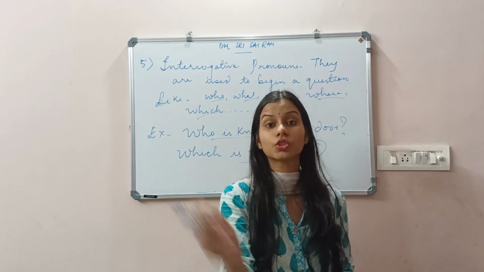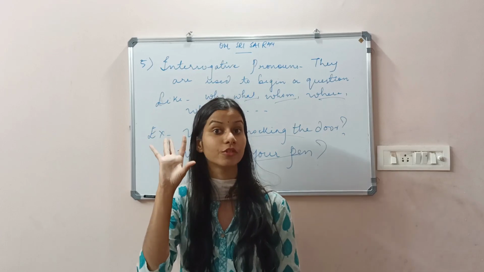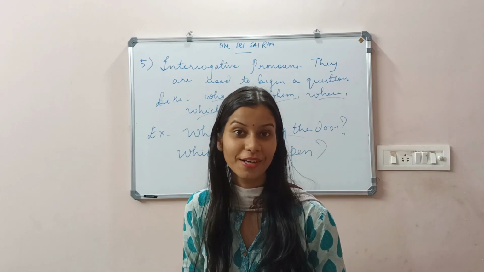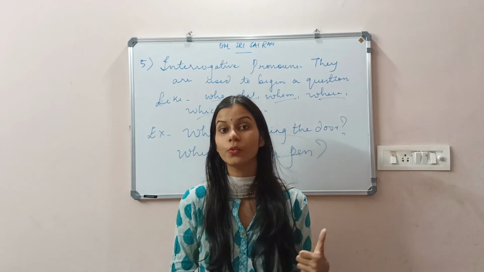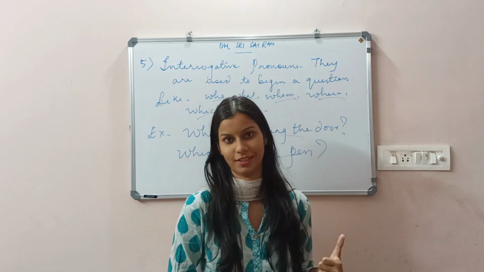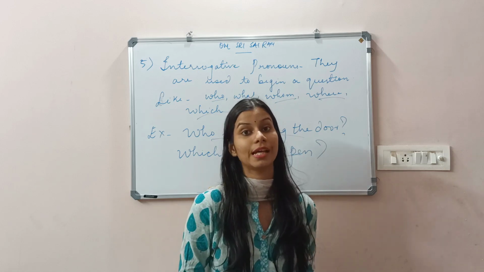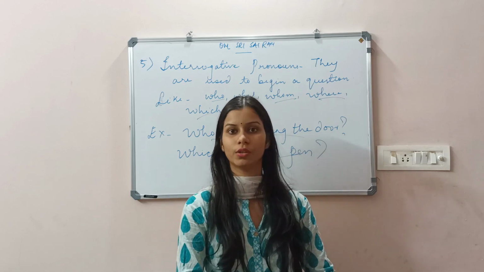Understood, guys? So today we have just learned about five types. First, personal pronoun, which gives a specific term to a person or a thing. Second, possessive pronouns, which give us the idea of the owner or the possession of that particular thing.